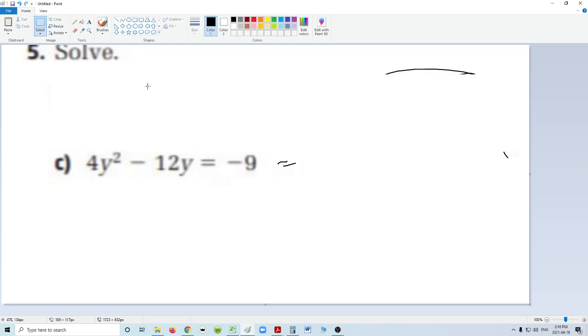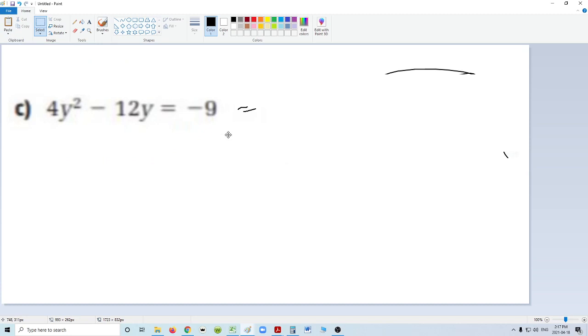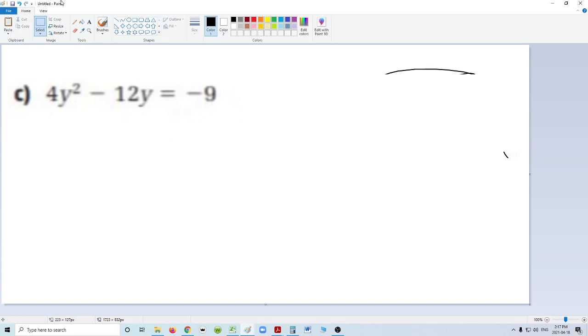How do I get that all equal to 0? Well, I've got to add 9 to both sides. On the right side, it becomes 0. On the left side, it becomes plus 9. It's equal to 0. And it's the same process.